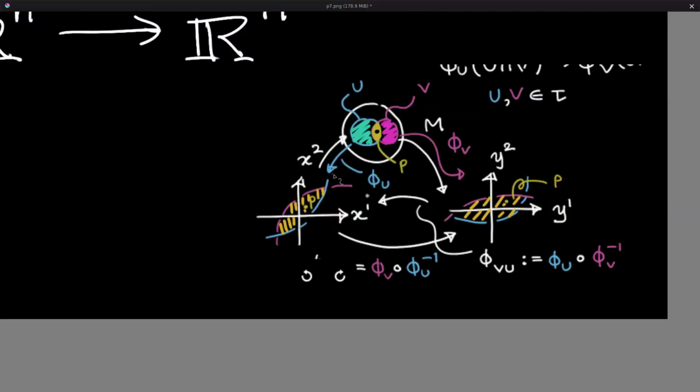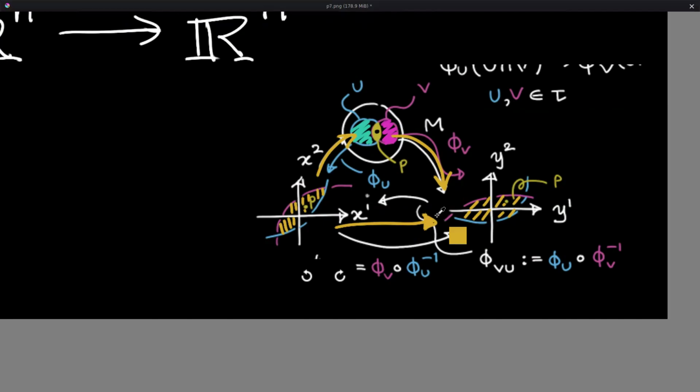If you didn't know anything about the manifold, if you were just looking at these two copies of Rn, this would just be the coordinate transformation from one of the copies of Rn to the other. But in order to define it via the manifold, we have to say, well, if I want to go from this coordinate chart to this coordinate chart, then I have to first go this way and then go that way, because I don't actually know how to go this way off the bat.